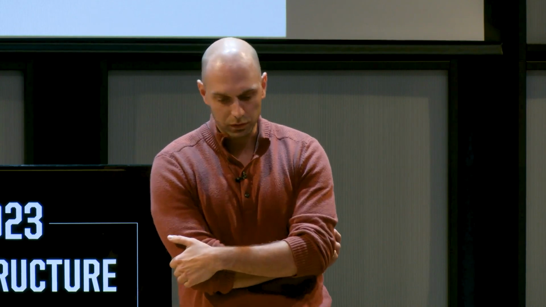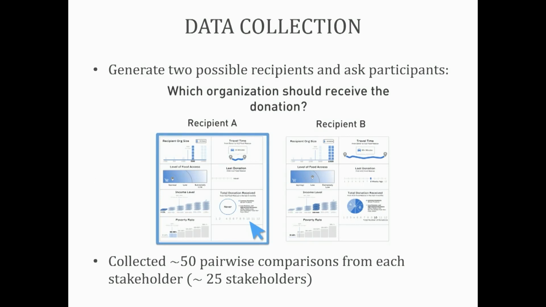Good. So let's see virtual democracy step by step and how to apply it for addressing 412 food rescue's problem and IHN's problem. So what was the data collection step? First, we identified all the features that are important for decision making. Our HCI collaborators went out there and interviewed all the stakeholders and figured out all the things that are important for their decision making.